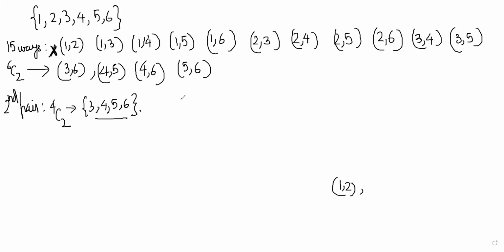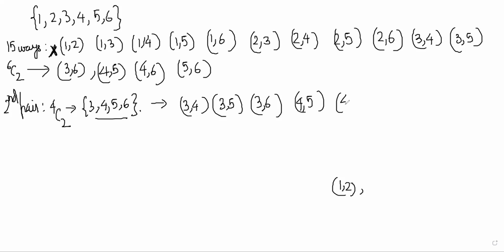So now there are 6 ways to make this pairing: there is 3 4, 3 5, 3 6, 4 5, 4 6, and 5 6, right? And for the third pair, let's say we selected 3 4.